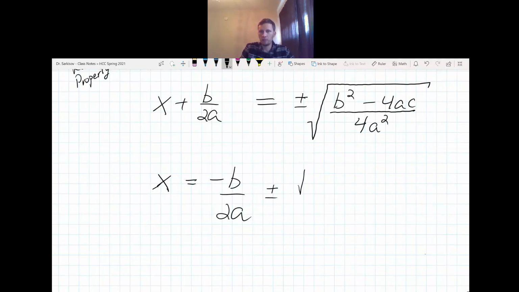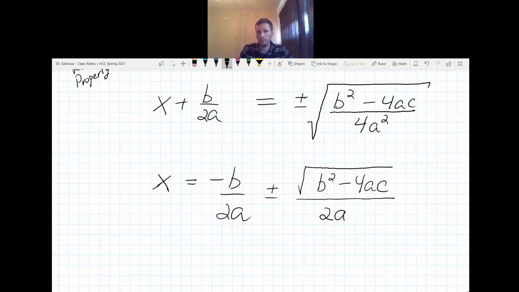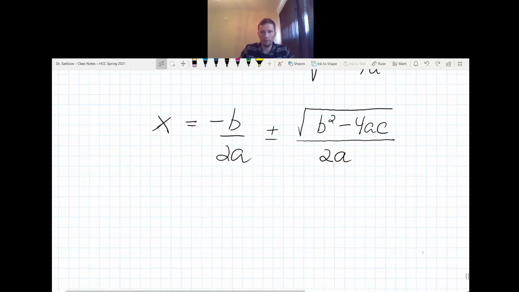Let's keep the square root on the top. And what is that? That's b squared minus 4ac, all over, what's the square root of 4a squared? Remember, we even got that from 2a times 2a. It's 2a. I have a common denominator already. That's not bad. We're getting the final result right now. Watch this.